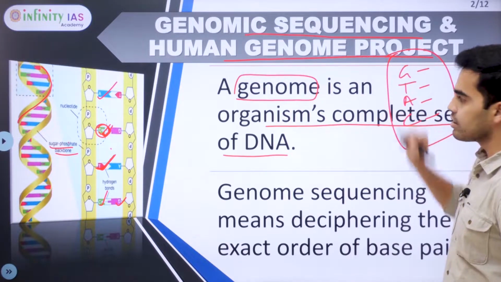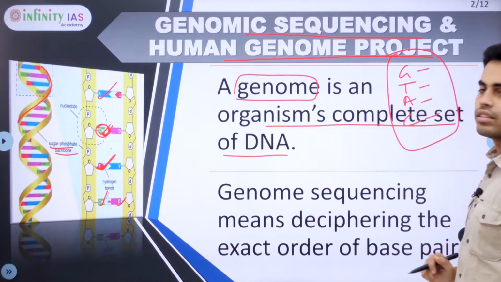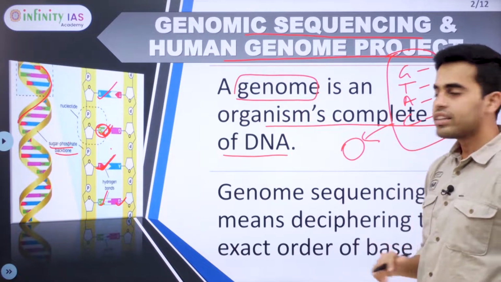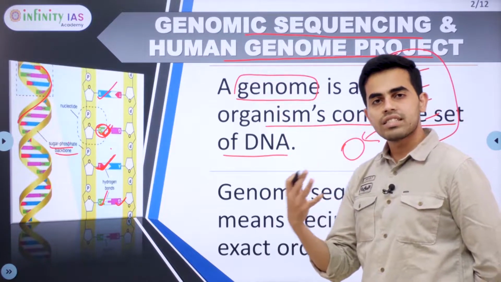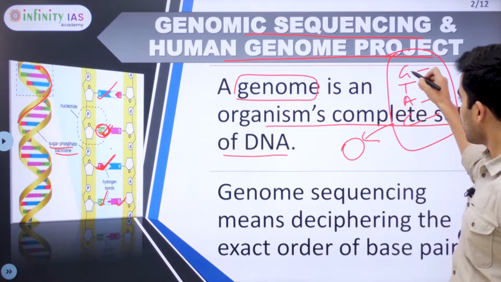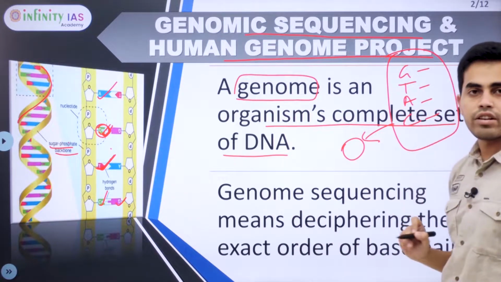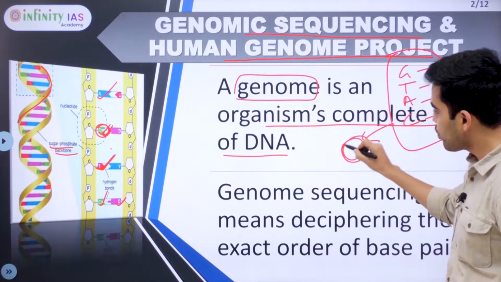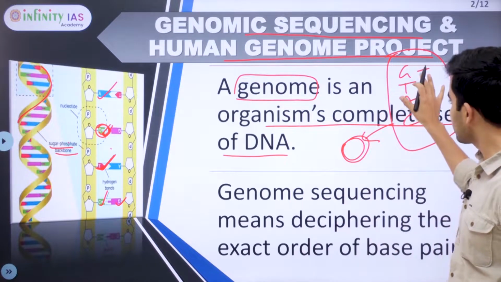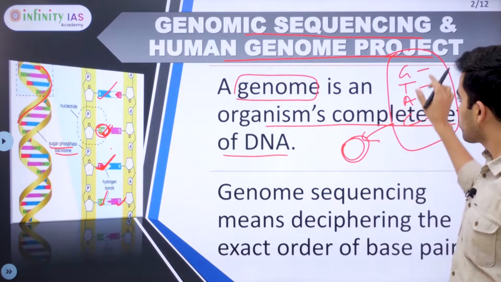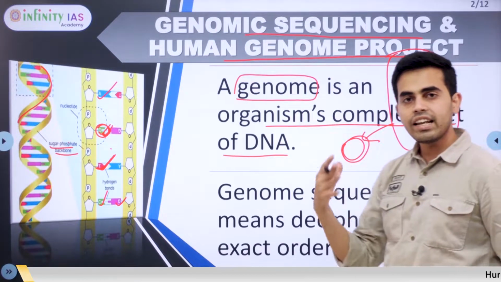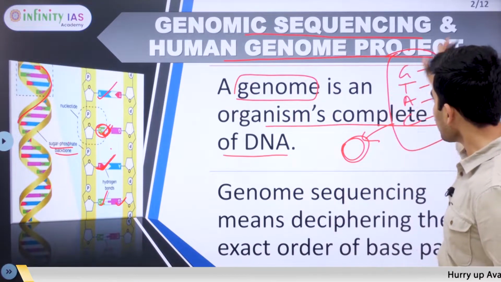Let's say this is a gene. This produces a certain protein that will give some cellular function. So the sequence of these nitrogen base pairs determines the protein that is produced from this gene expression. So this sequence is very important in the DNA of any organism.